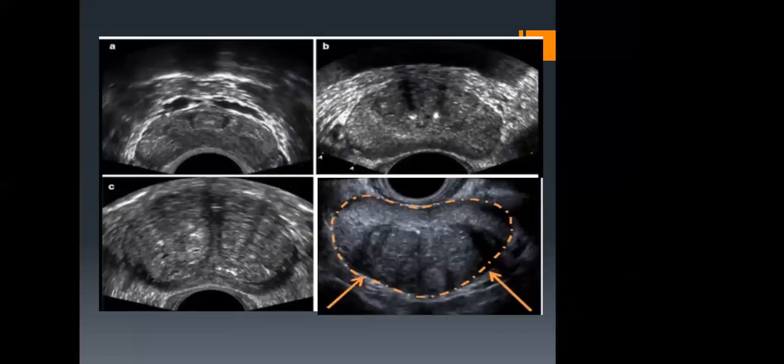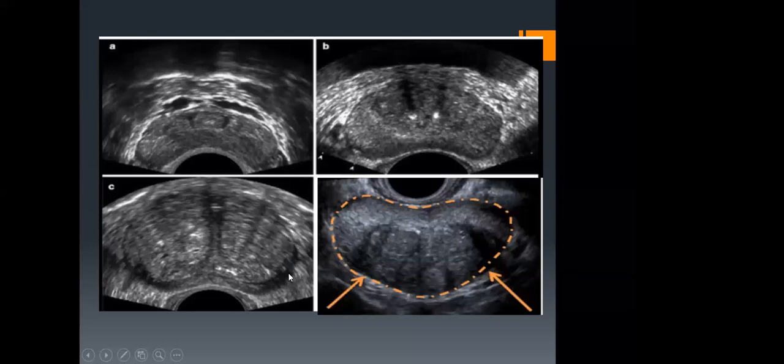Then we start with this. You have this pair, you have a prostate here. You can partially tell the zones, but we have a few areas, some hypoechoic, some hyperechoic, and then this is the urethra. Then you have the halo sign of the periurethral areas, just like here.